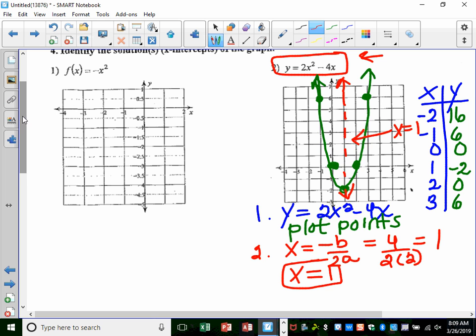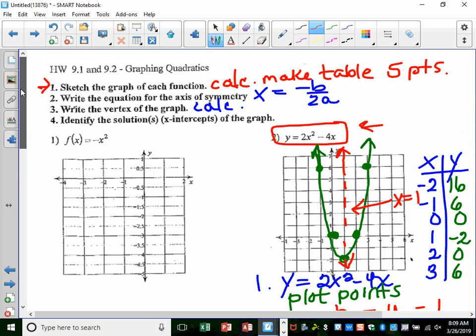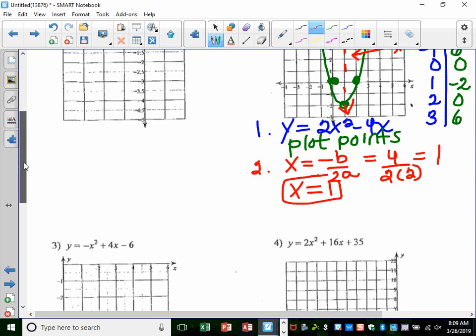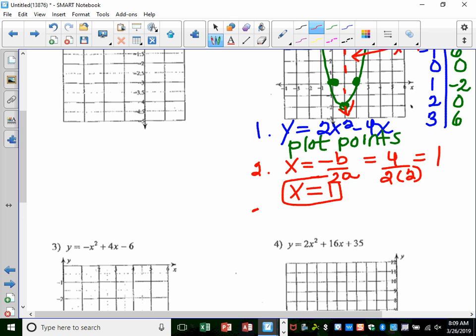All right, so we've done 1 and 2. The next thing says, write the vertex of the graph. So now, step 3, you want to look in your table where x equals 1, and I'm going to write it down so you'll know it.